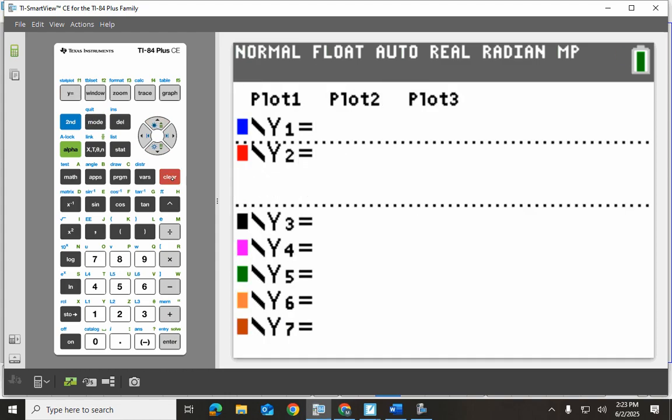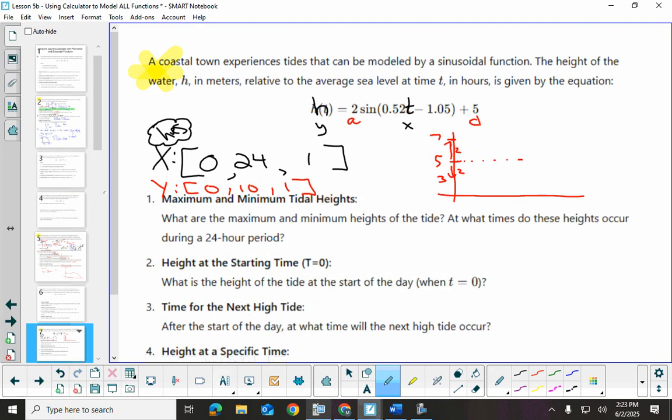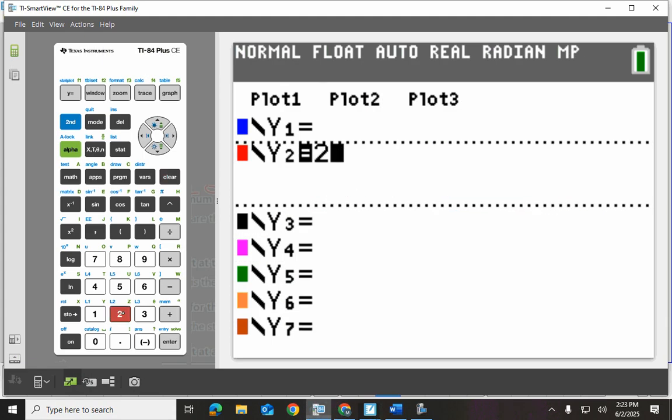So let's enter that equation in. So we're going to go, what was it? 2. So it's not a negative actually, it's just the number 2. So 2 sine 0.52x minus 1.05 bracket plus 5. Let's change our window settings too.